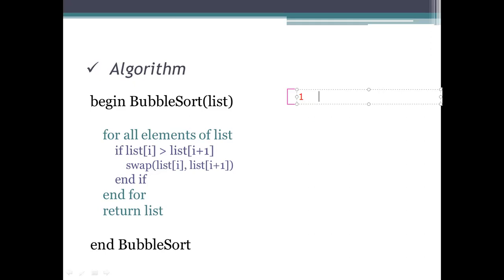Take it as values 9, 0, 4, and 2. That would be enough. So these are the values you are having.